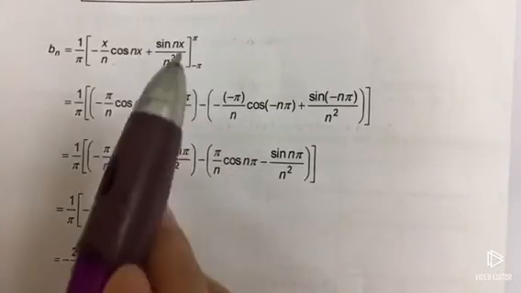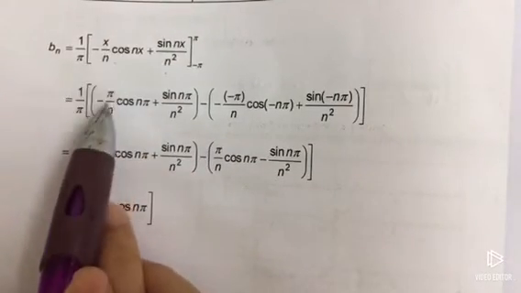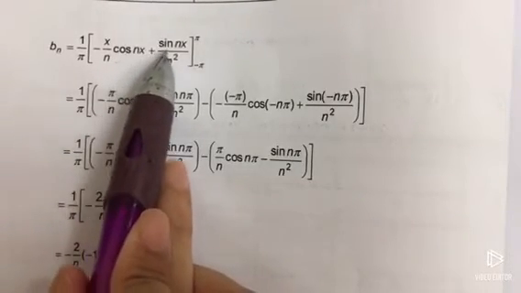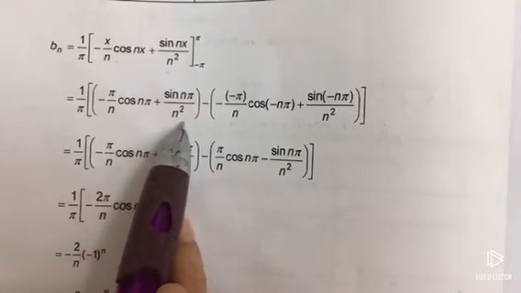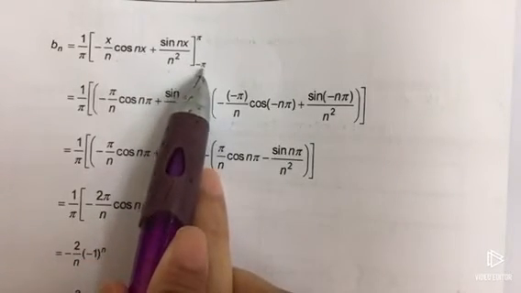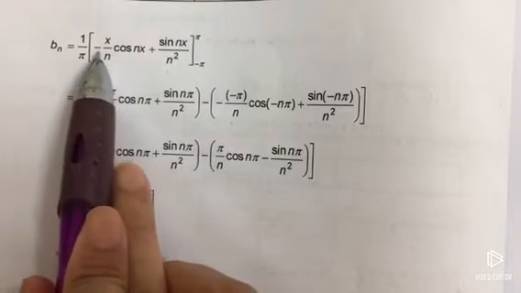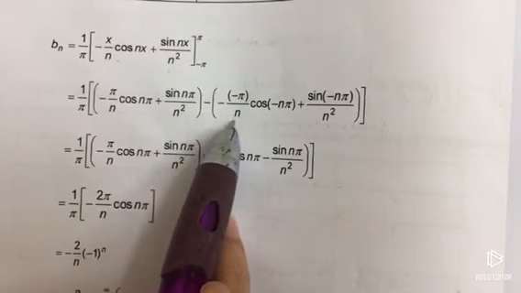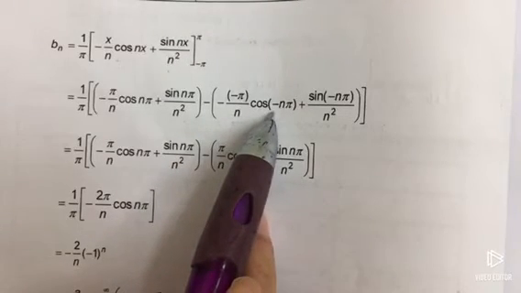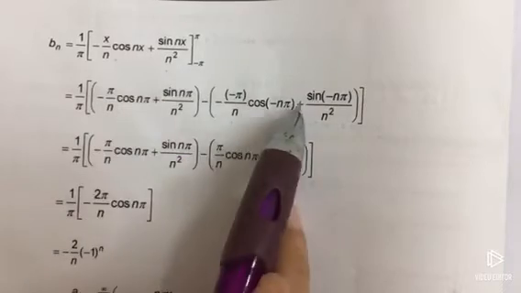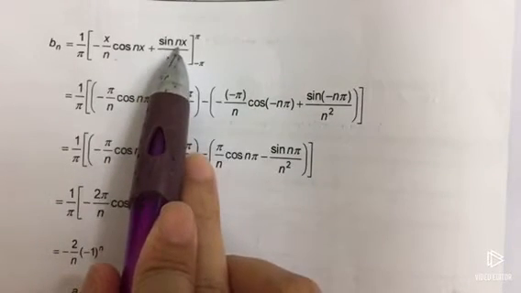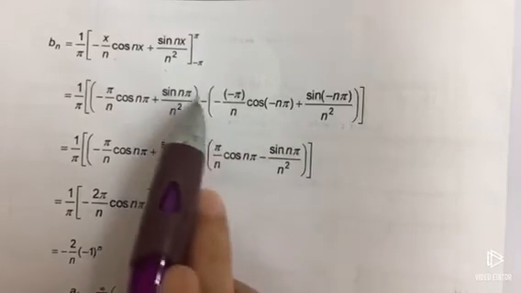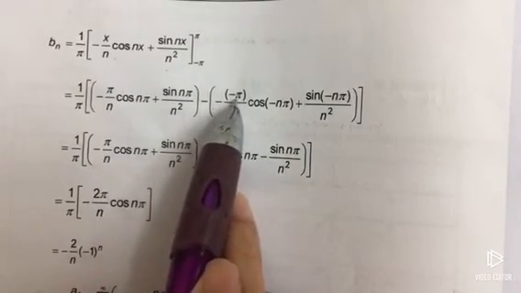Substituting pi, we get pi over n cos n pi plus sin n pi over n squared. Substituting x by negative pi, minus negative pi over n cos negative n pi plus sin negative n pi over n squared.